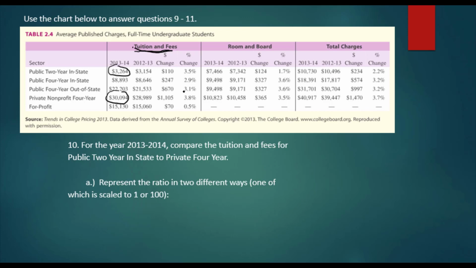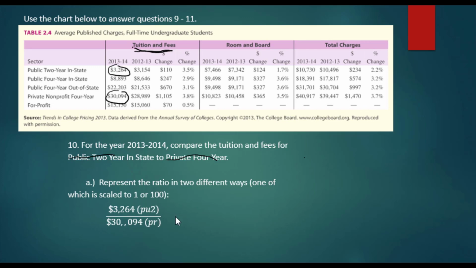So remember, the top number is public 2-year, and the bottom number is private 4-year. So they want to represent the ratio in two different ways, one of which is scaled to 1 or 100. Well, in order to even begin, I've got to start with the ratio that I know is true, which is this one, which I'll put up.